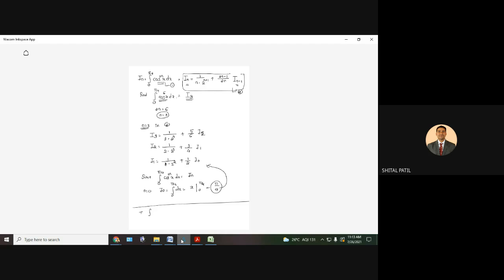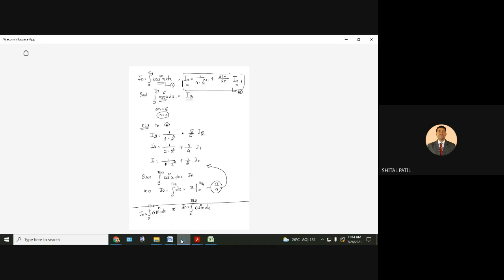Then you remember this reduction formula, may be asked. Integration from 0 to pi by 2 sine raised to nx dx, or In equal to integration from 0 to pi by 2 cos raised to nx dx.